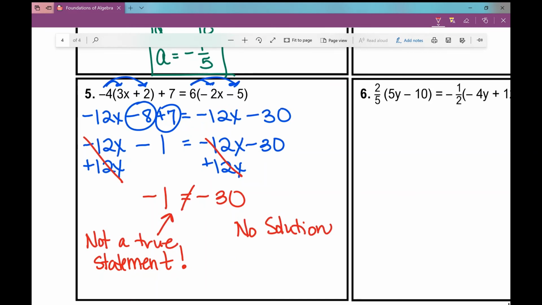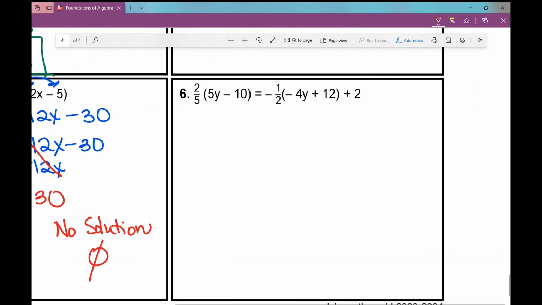You could write that, or you could write this symbol right here, empty set. That means no solution. There's no value of x that I could plug in this equation that would give me the same thing. What is on the left is equal to what is on the right side of my equal sign. There's no value of x that would make that equation true.